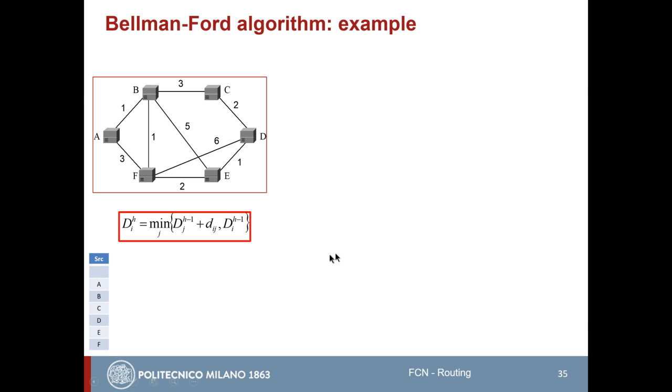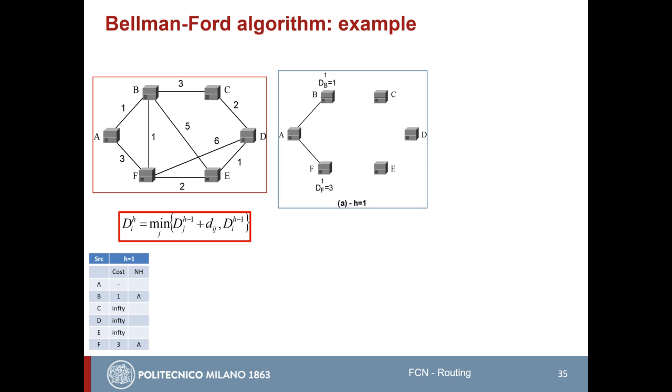Another example, this is a little more complex network. Now we start again. We want to find the shortest path tree that is rooted at A. So we consider this table. There is the list of the nodes. This is the first step.